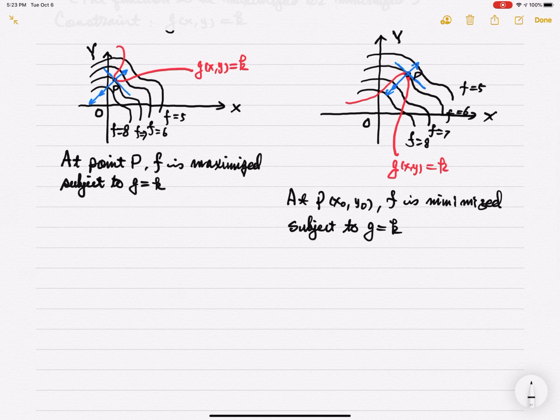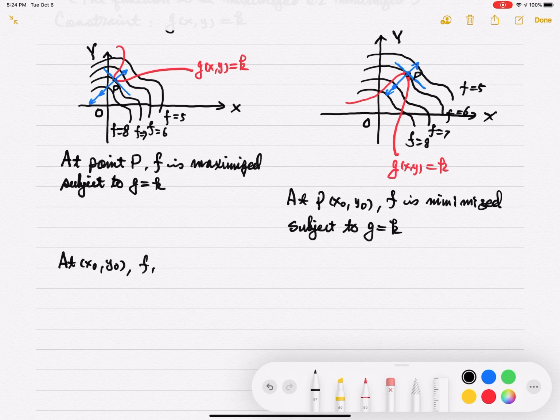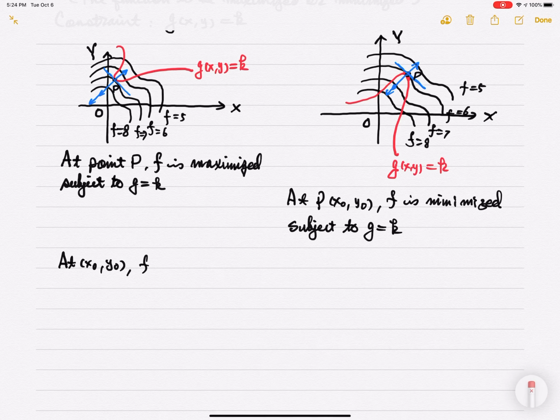We say, in both cases, at x0, y0, that's point P, f and g share the tangent line.